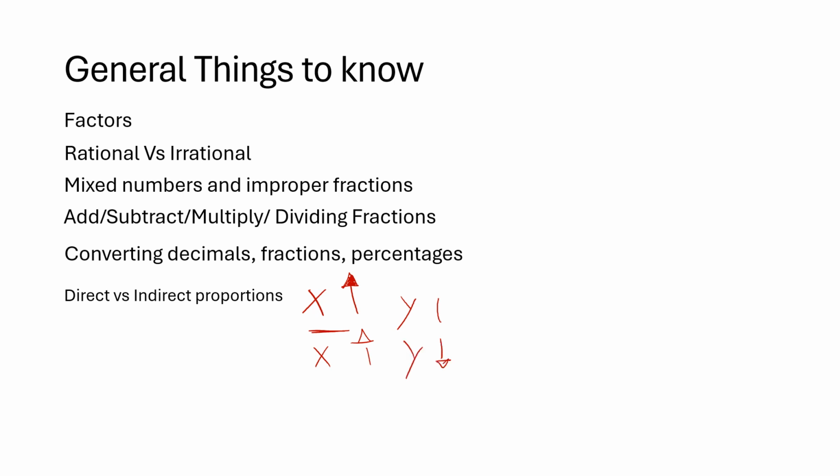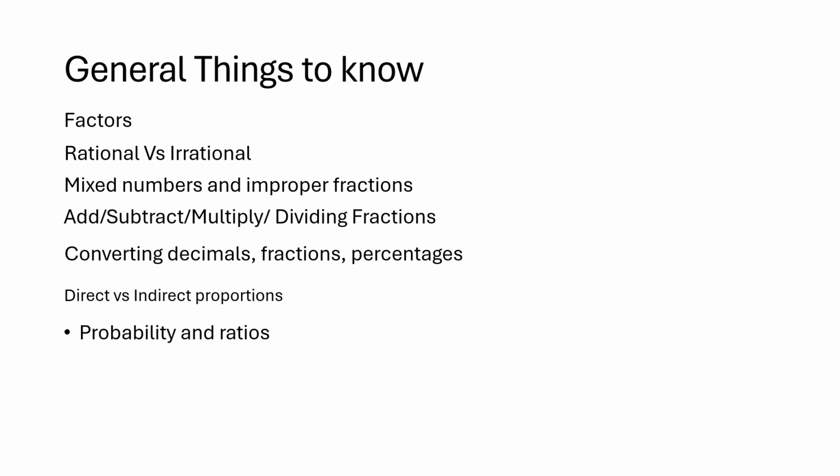So in this example, I would say the more I study, the worse my grade got. Doesn't make sense because it's not really how studying works, but that is the general idea. The more x goes up, y goes down. x goes down, y goes up. They're still related, but not directly.